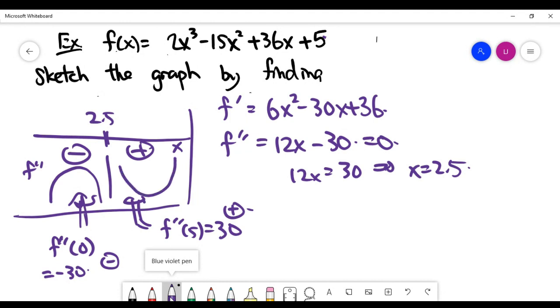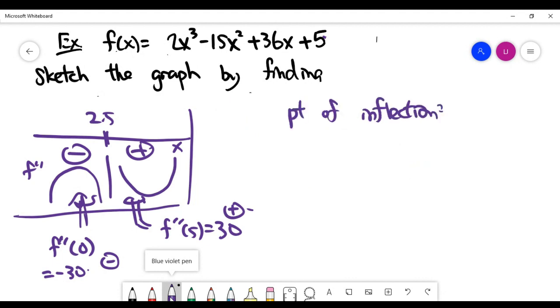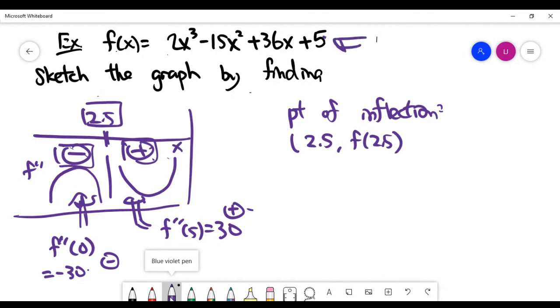So let's write down the final answer to this table. So let's look at whether you have a point of inflection. The answer is yes, because right at this point 2.5 for the sign table of f double prime, you see there's a sign change for f double prime. So it means we have 1 point of inflection, which is when x is 2.5, and you have to evaluate f of 2.5 based on the original function f.